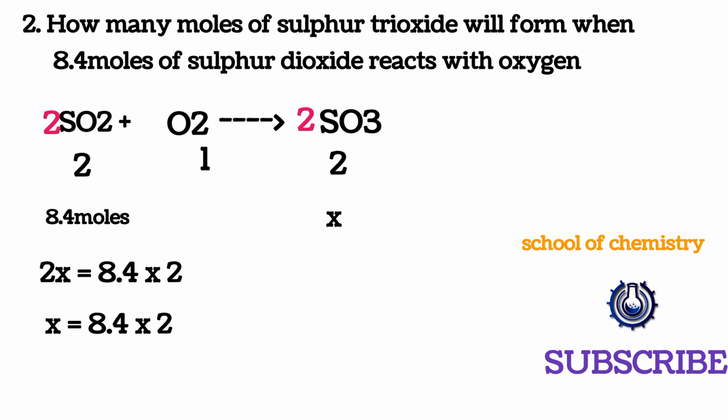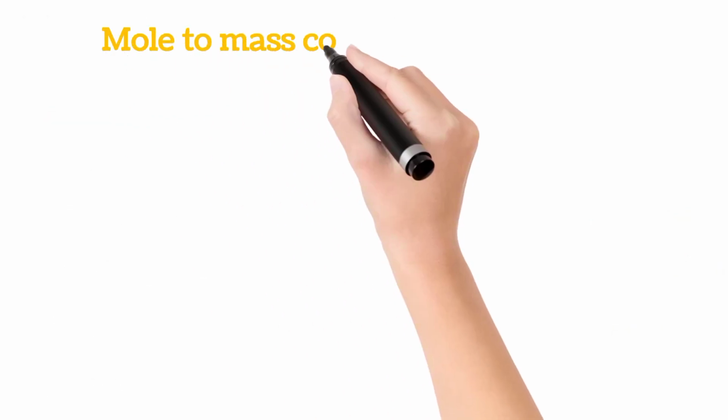So x will be equal to 8.4 times 2 divided by 2, and x will be equal to 8.4 moles. So the number of moles of sulfur trioxide that will form when 8.4 moles of sulfur dioxide react with oxygen is 8.4 moles.